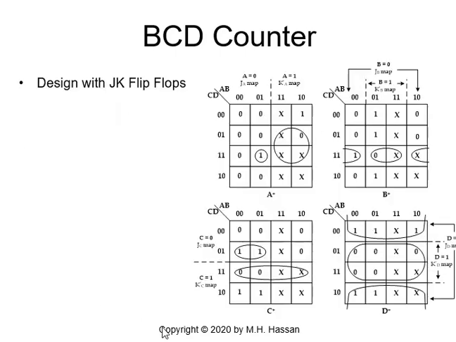So now we go to the D plus map. We divide it to D equals 0 to find JD. D equals 0 is the upper row and the lower row, which give me the map for D equals 0.